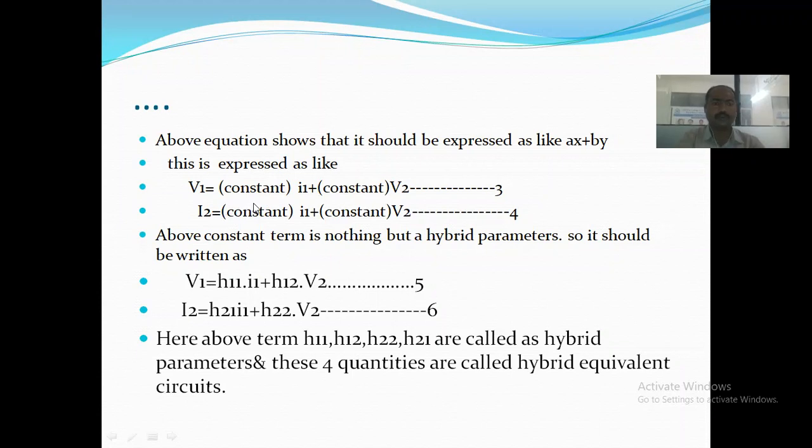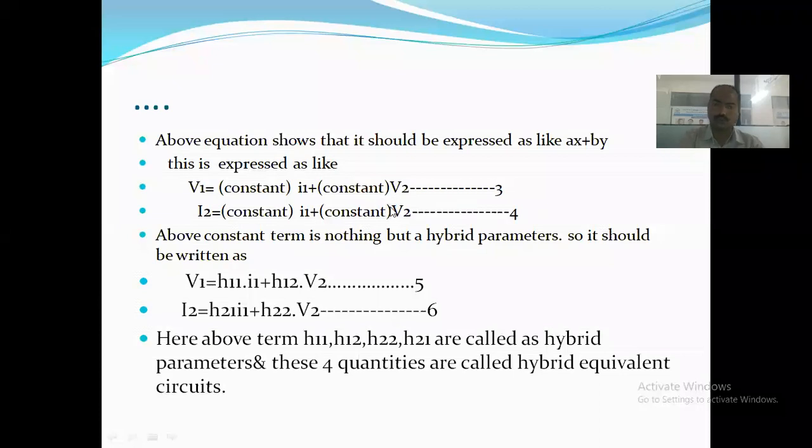H2 is for the output, and this term is with respect to I1, that's why H21, plus a constant times V2. In this case, H is the same thing, and this is with respect to output. That's why 2 is coming, and the second is for V2.